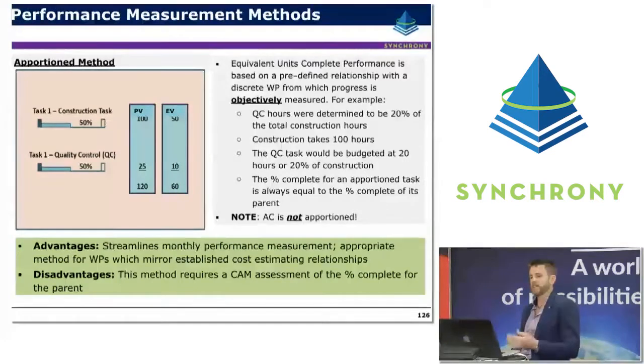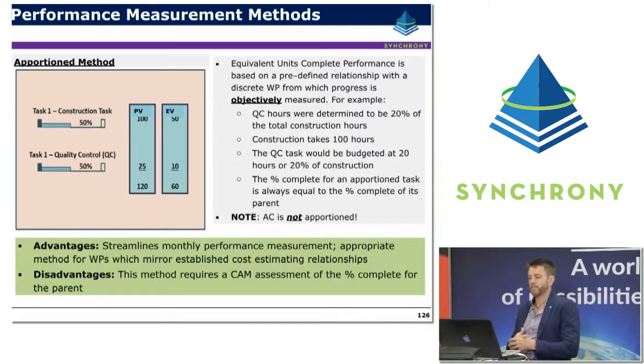So moving on to the next technique, the apportion method, which is once again one of these more subjective methods. It's when we have a support activity that is typically in some level of proportion to the amount of construction or the actual base task that it's supporting. If it's in proportion to that, we tend to use the apportion method.